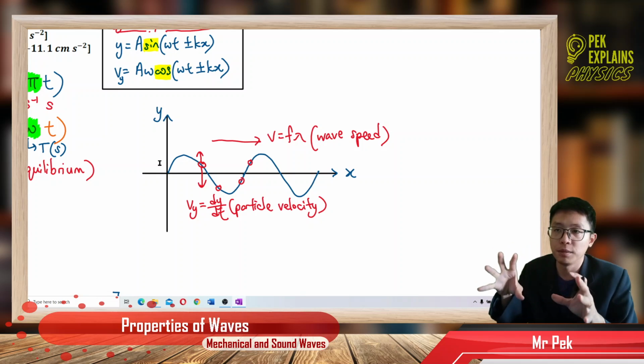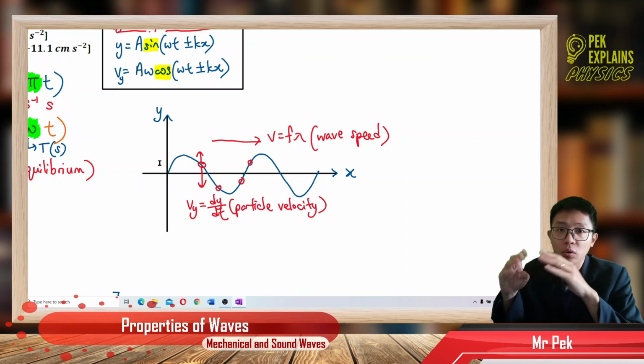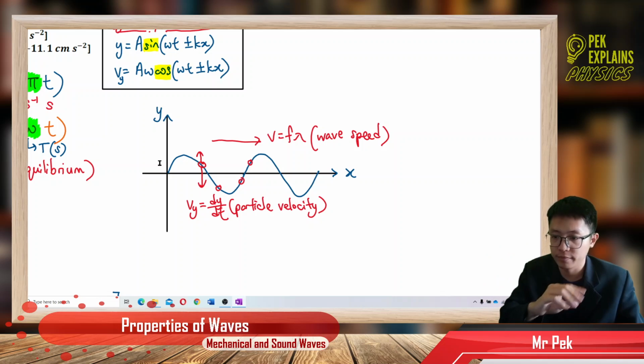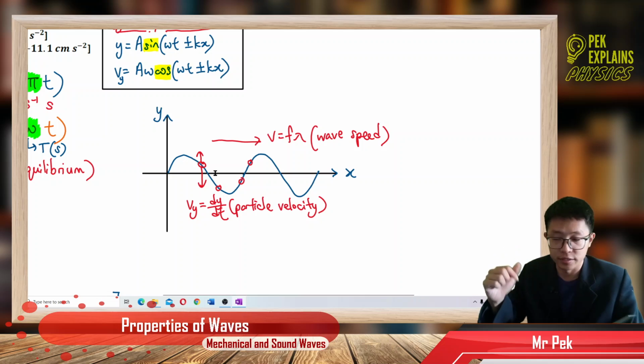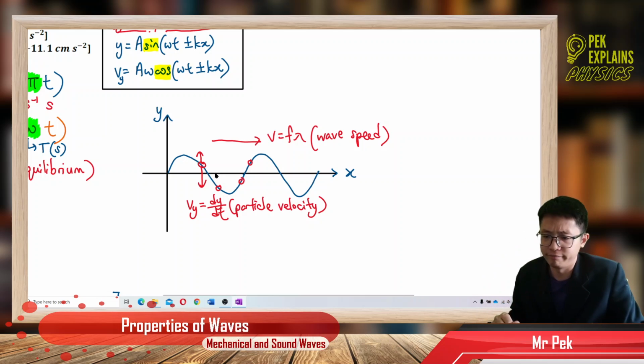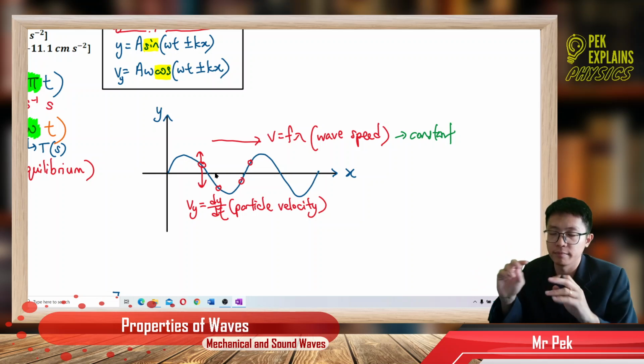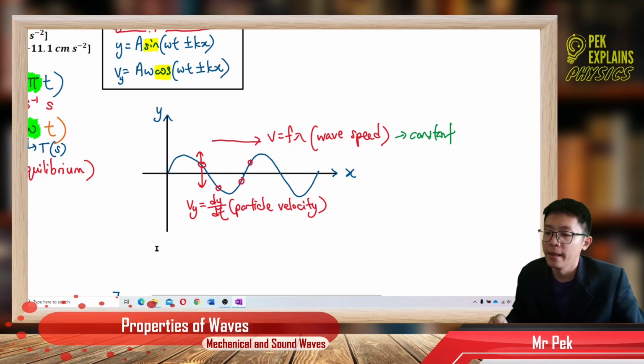That is the speed of wave propagation of the whole wave. How fast the wave propagates. And it is always constant. I just want to revise with you. Wave speed is always constant. The wave propagates at constant speed.